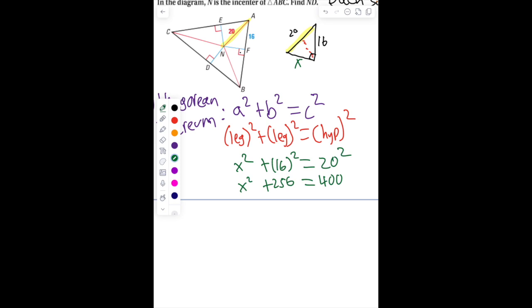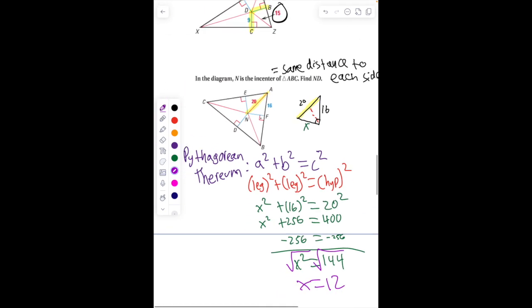So now I can work on simplifying and getting x squared equals 144, which when I take the square root, I get x equals 12 or negative 12, but 12 is the correct answer in this case.